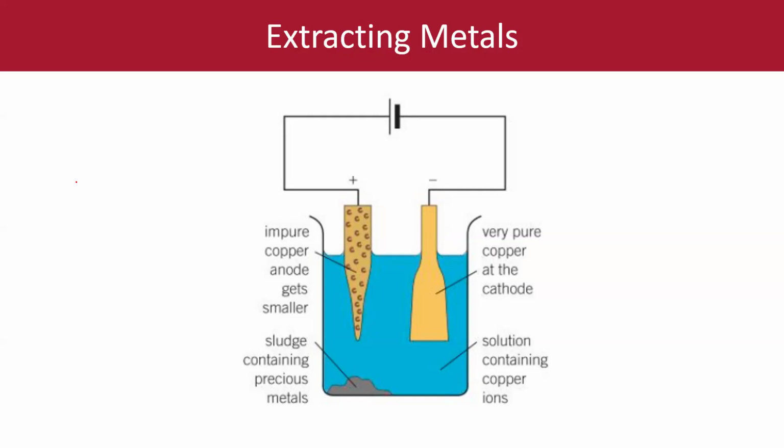Then they squish it all together, and they do electrolysis of it. On the diagram, on the left-hand side there is a big lump of impure copper. They do electrolysis, and the impure copper goes into the blue solution, and then comes out of the blue solution onto the other electrode.